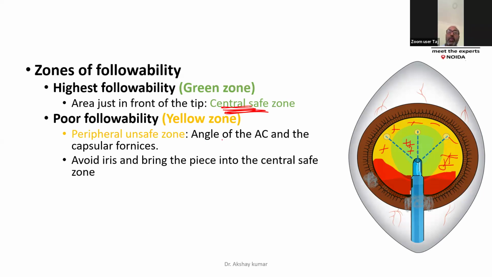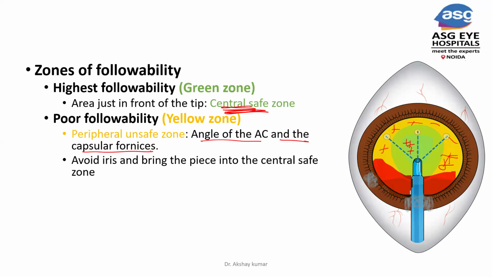The yellow zone is the angle of the anterior chamber and the capsular fornices. Avoid the iris and bring the pieces into the central safe zone before phacoemulsification. Whenever there is a piece in this yellow zone, you need to bring it either manually after putting visco, or go very slowly, very gently.